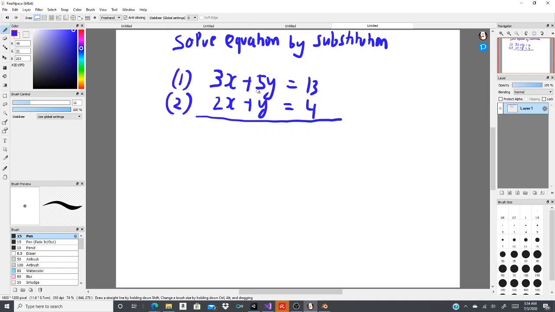What we're going to do is replace this x value by the derived version of the second equation.